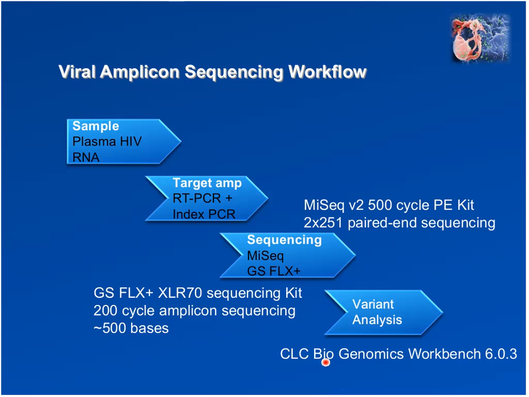It will take the sequence reads directly from 454 or from the MiSeq. So in the case of the 454 GS FLX Plus, the sequence read file is the SFF file. For the MiSeq, it is the list of FASTQ files.